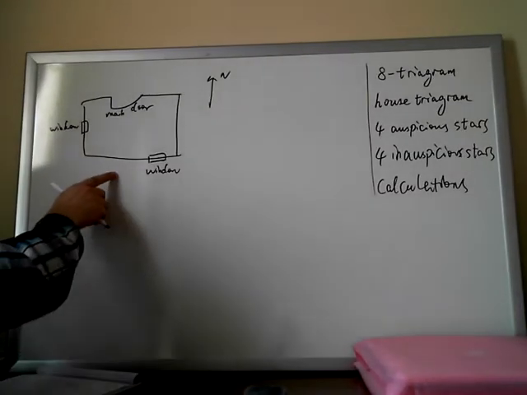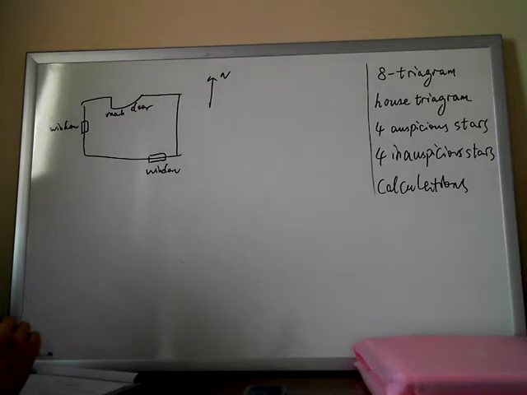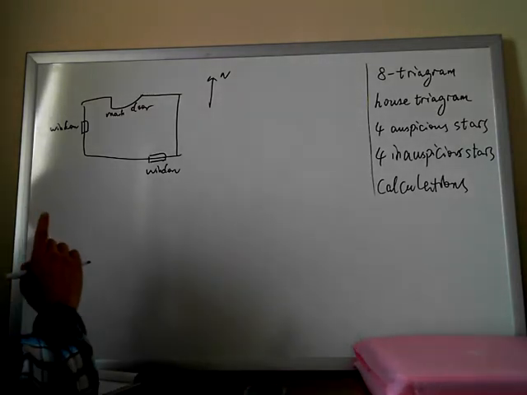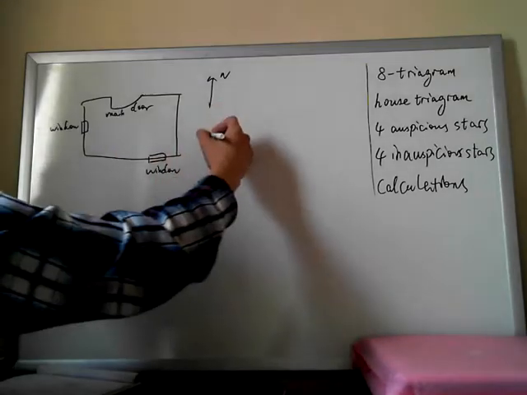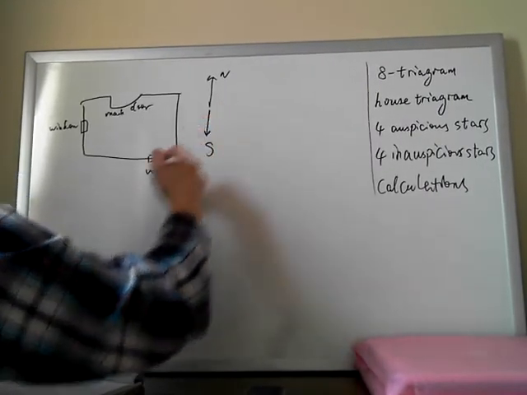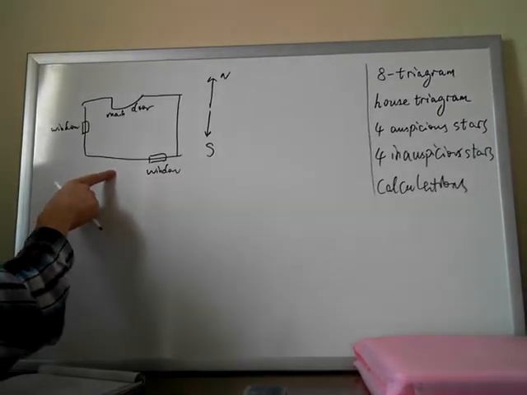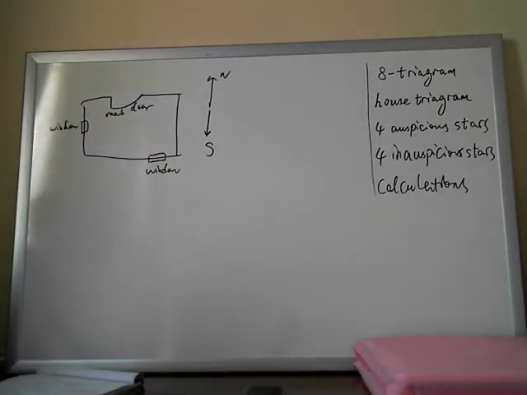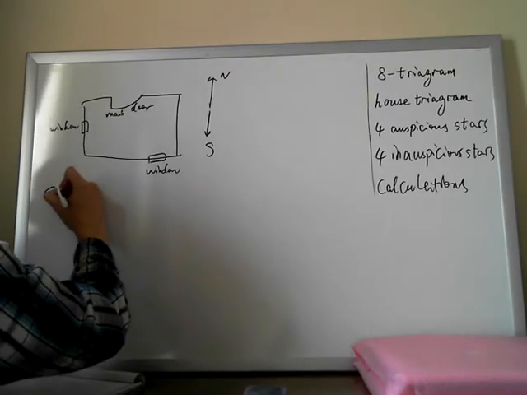Let's say for this house, in feng shui terminology, it is called sitting south. This is south. Okay, the house is sitting south, facing north. So there is the sitting direction.